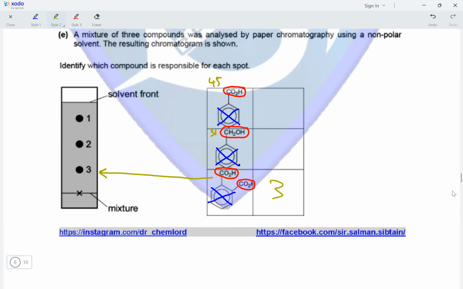So the greater distance moved would be the one with the lower Mr, so that would be for position 1, and the one with the higher Mr would be the one positioned at spot 2. So the order in which these compounds are separated is: the first compound is at position 2, the second compound is at position 1, and the third compound is at position 3.